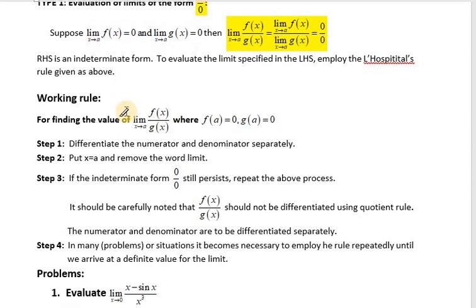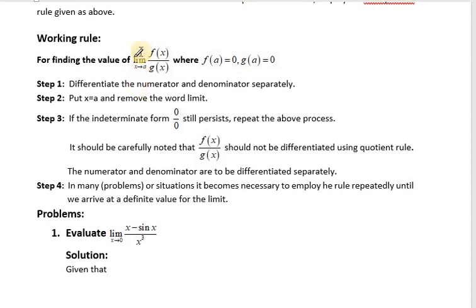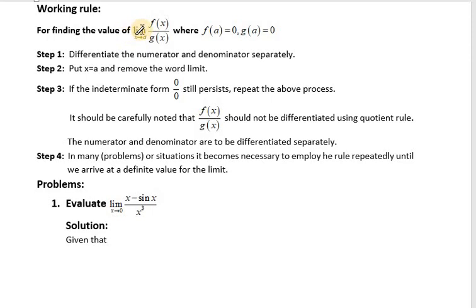The working rule to find the limit of the indeterminate forms by using L'Hopital's rule is as follows. After applying the limits for the numerator and the denominator, if you get 0 by 0 form, then step 1, differentiate the numerator and the denominator separately. Step 2, put x is equal to a and remove the word limit.